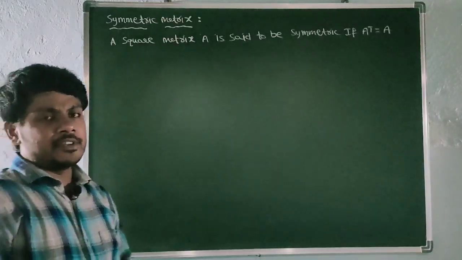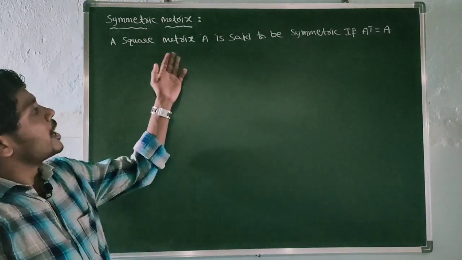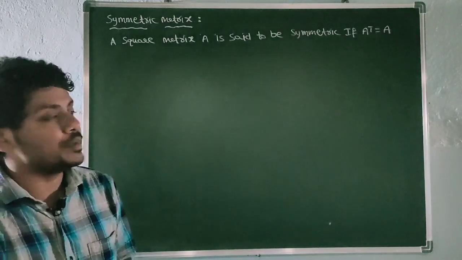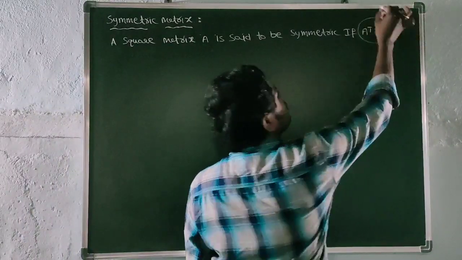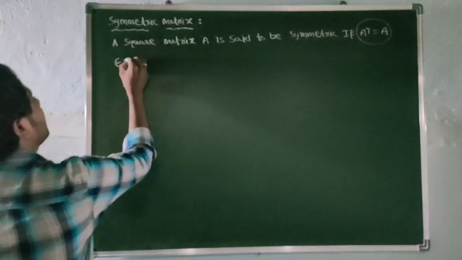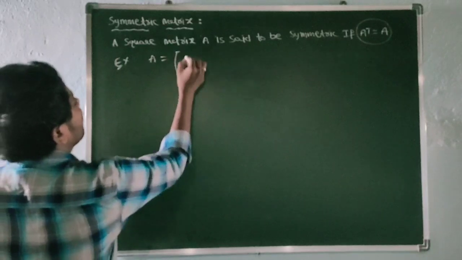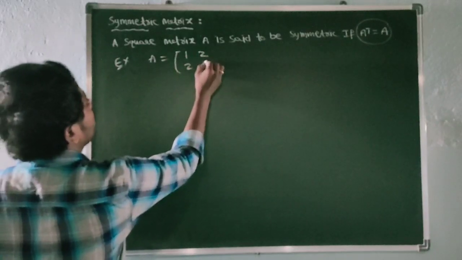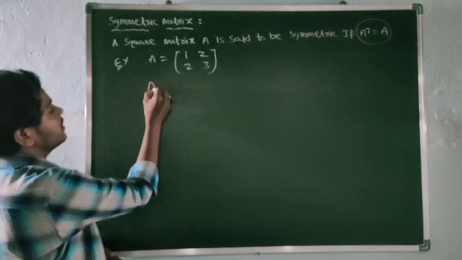See the next definition, symmetric matrix. It means a square matrix A is said to be symmetric if A transpose is equal to A. For example, A is equal to 1, 2, 2, 3. Now take the transpose of this matrix.